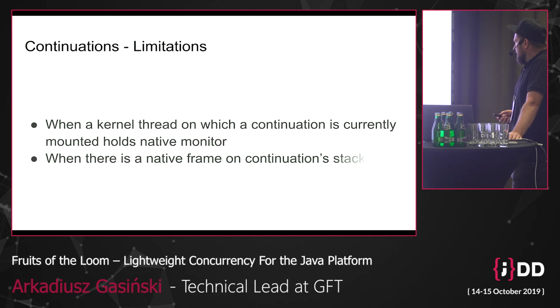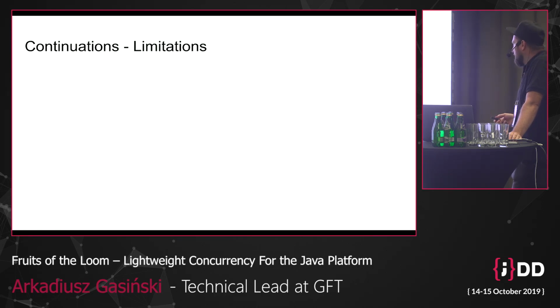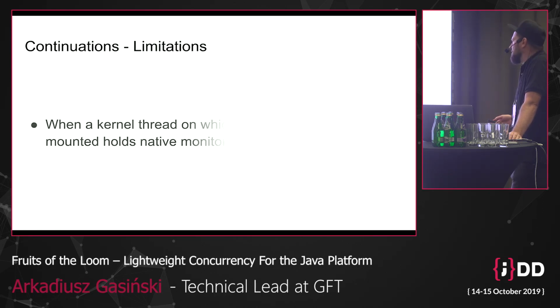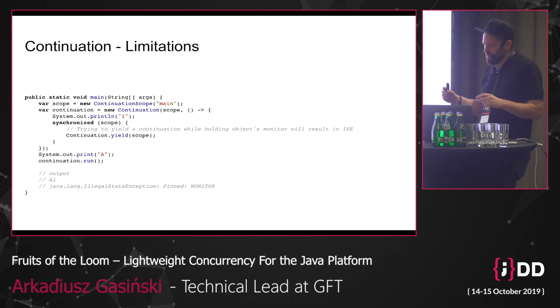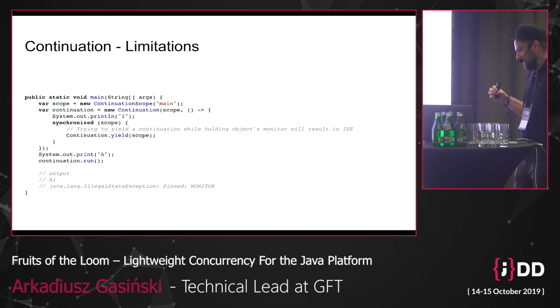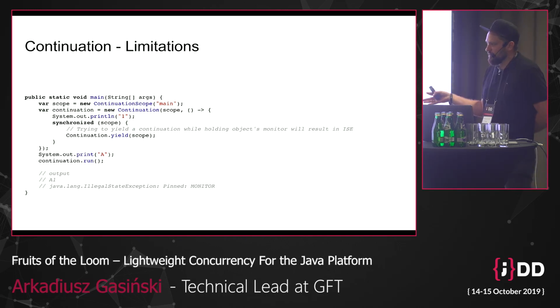But there is also another limitation. This other limitation is when there is a native stack on the continuation's stack. This may happen when you run your computation inside the continuation, and in that computation you do some JNI call, some native call, and then your native call calls back into Java, and you try to yield your computation.